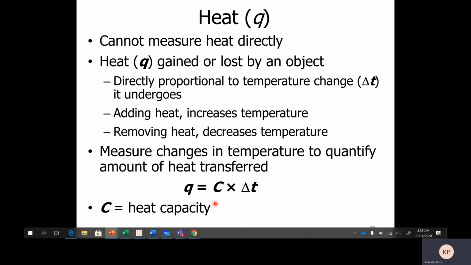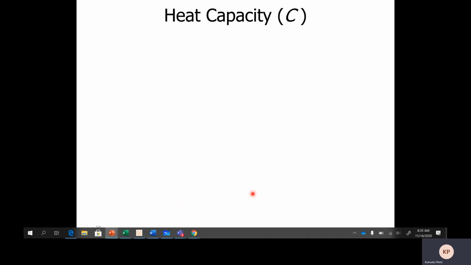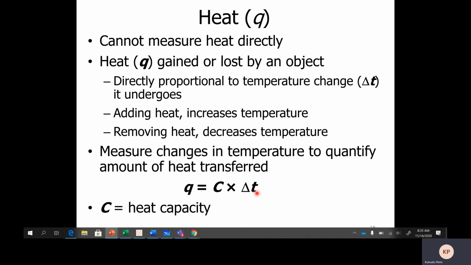What is this C? C is the heat capacity. And what is the delta T? Yes, that is the temperature change that happened during this process.